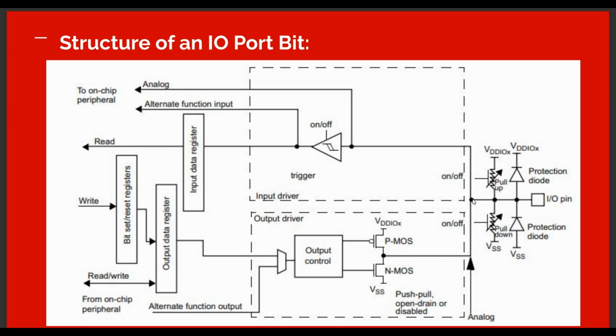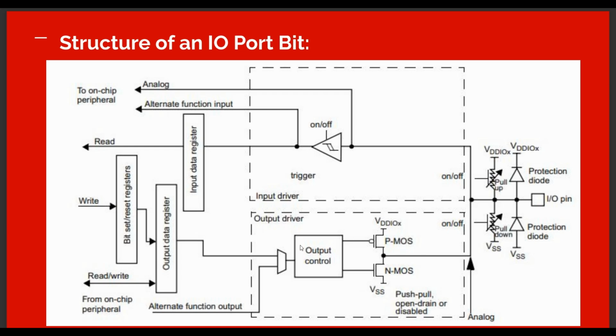Now this pin goes inside, and the top part is the input driver, while the bottom side, this dotted line, is the output driver, and here is the analog. So if the pin supports analog functions, the analog signal will come here.